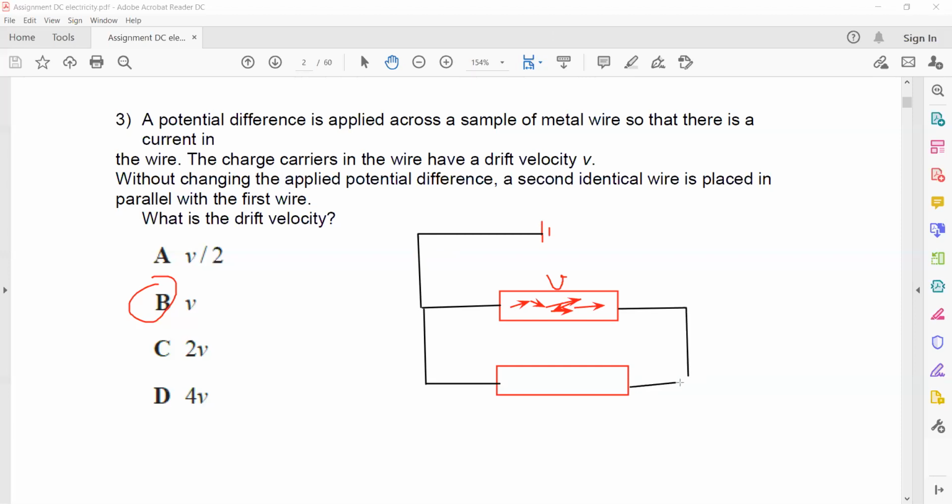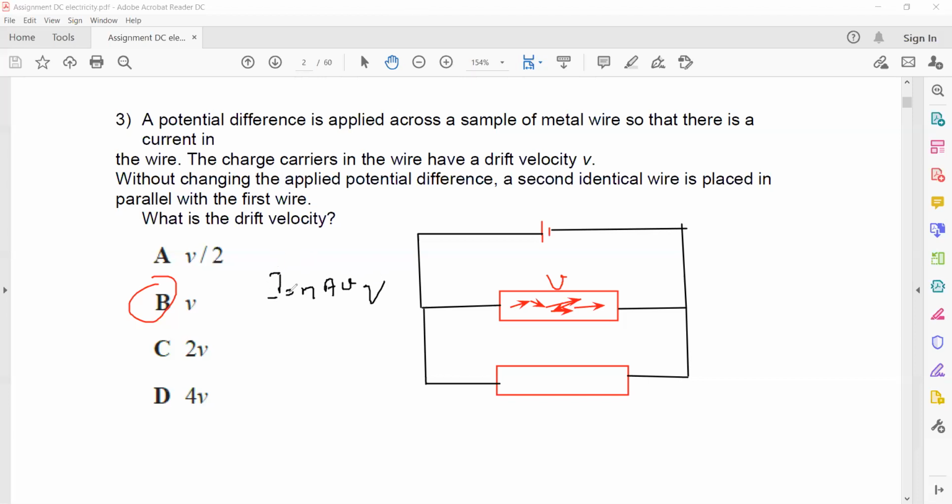You can use a formula to work this out, or you can use theory to write the answer. You have the formula I equals nAvq.